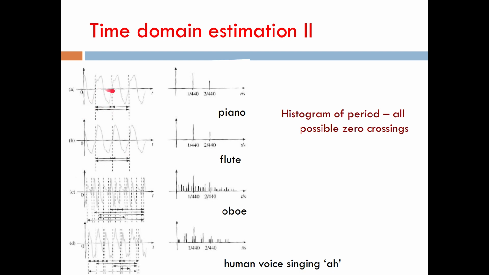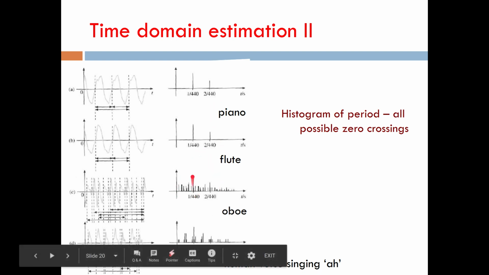Here we have 2 of them, and here 4. So we have 2 such zero crossings, and we can get peaks at the harmonics of 440. Same thing can be seen in the flute and in the oboe as well. As we can see here clearly, we have peaks at 440 Hertz and its harmonics. Likewise with human voice as well.